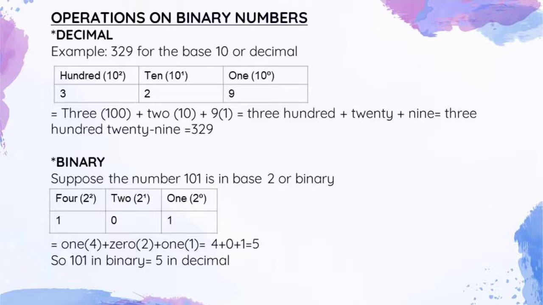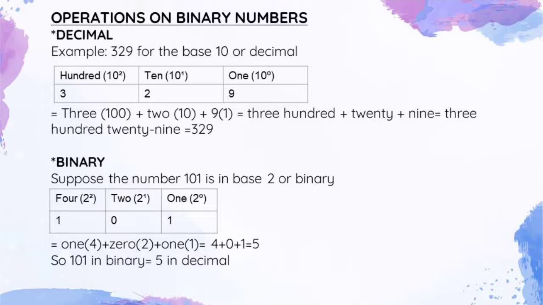In the second column, you can see 10, because 10 to the power of 1 is 10. In the third column of the table, we have 100, because 10 to the power of 2 is 100.